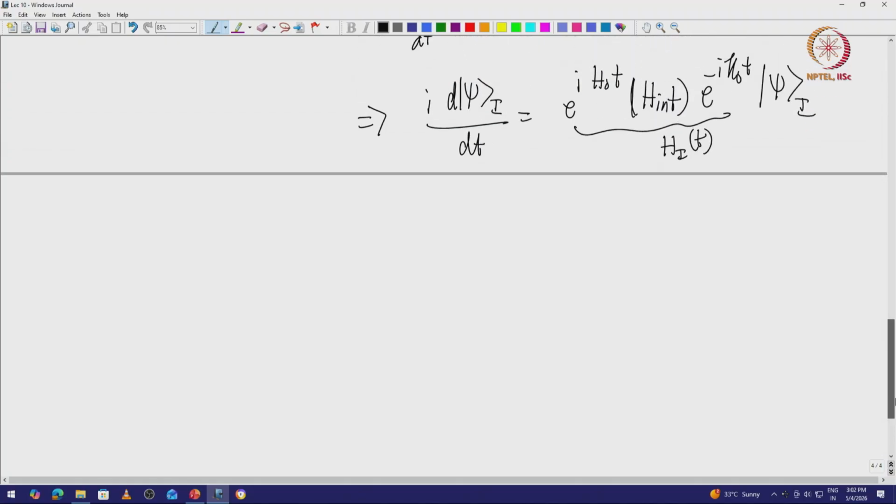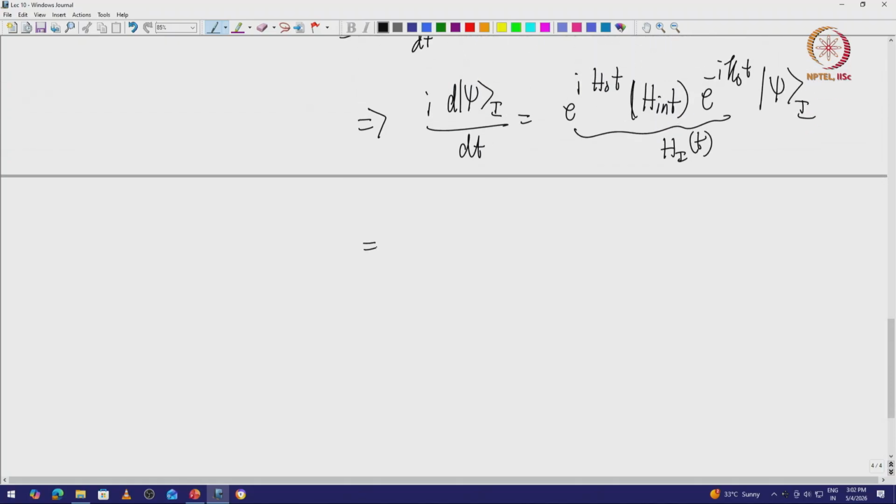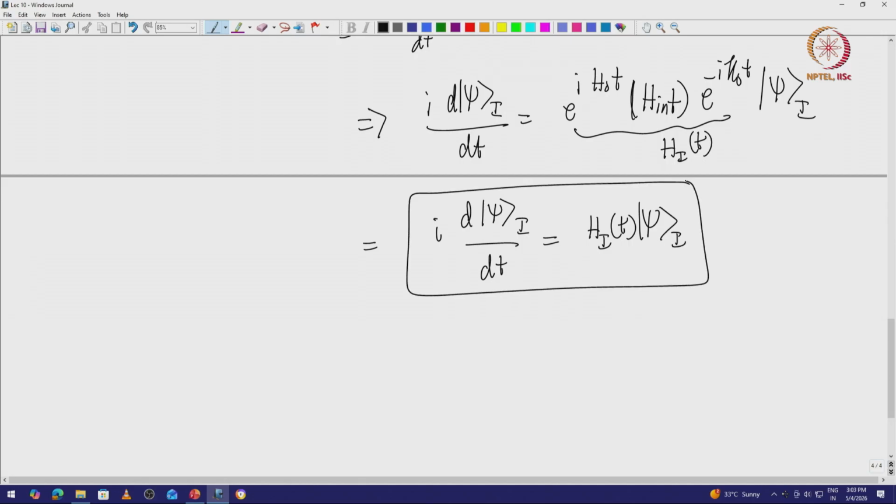So this is the first formula: i d psi I of t by dt equals H_I of t psi I of t.